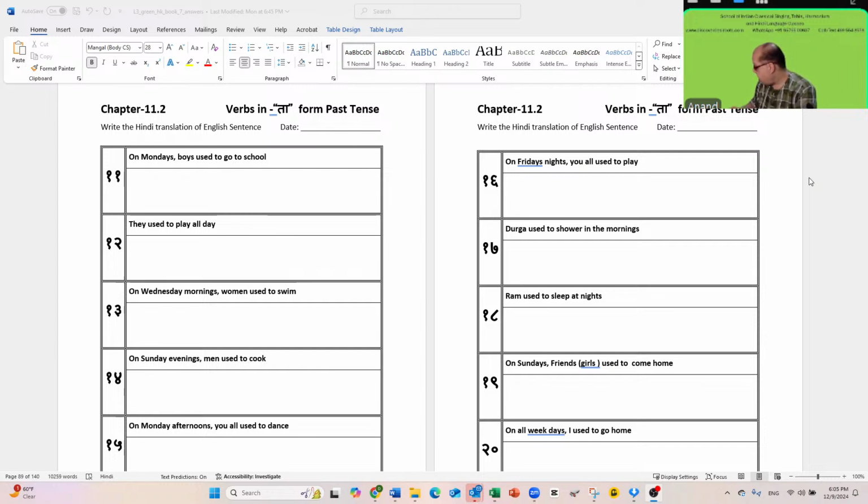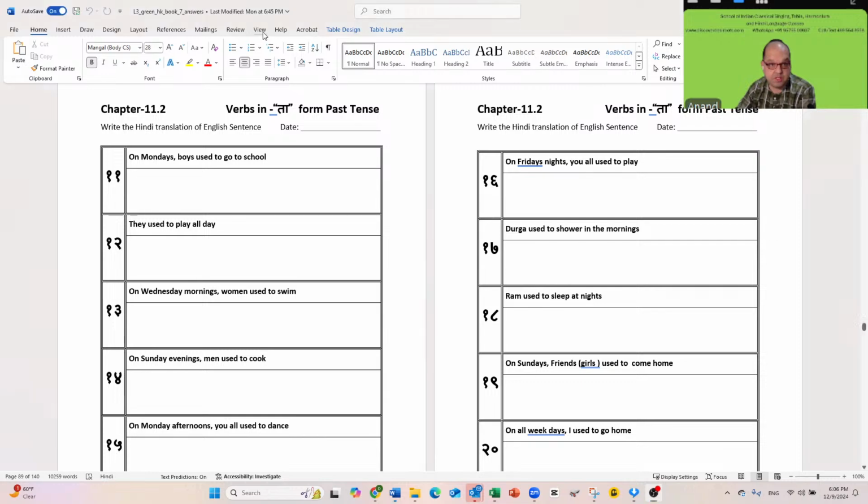Okay? So those are the things. With that, we will go to the green book. For those who have the books, it is page 178, and Ishan, it is chapter 11.2. So everybody get to green book chapter 11.2. We did 177 last week. We're starting from 178 today.